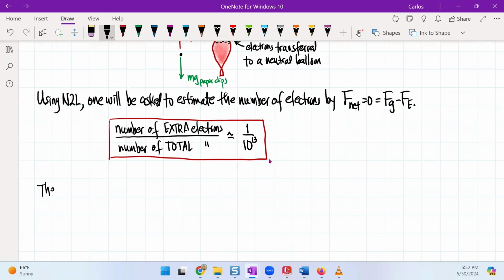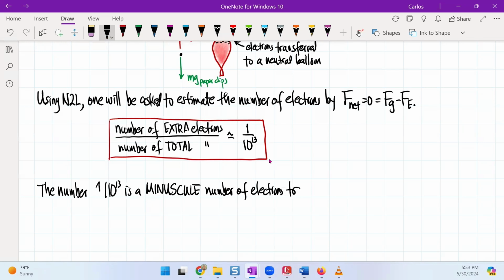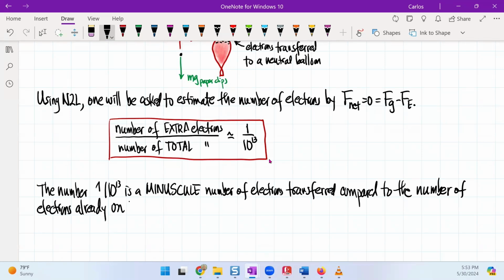So the number 1 over 10 to the 13 is a minuscule number of electrons transferred compared to the number of electrons already on the balloon.